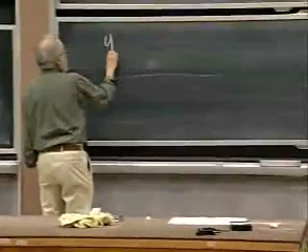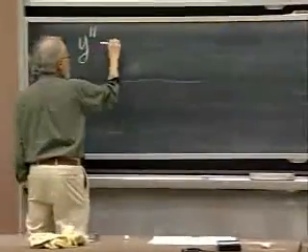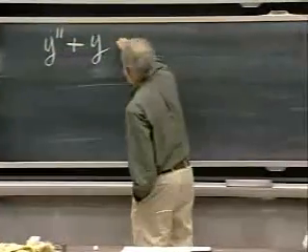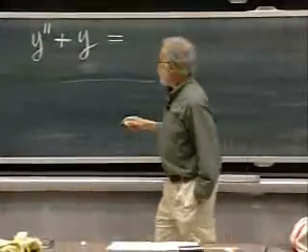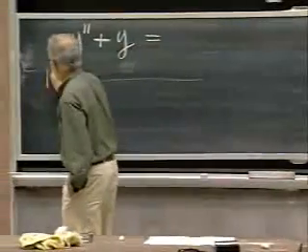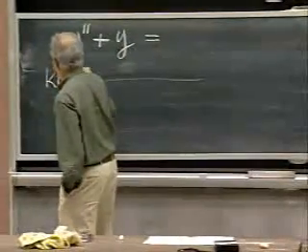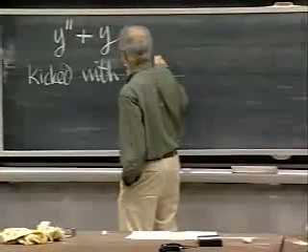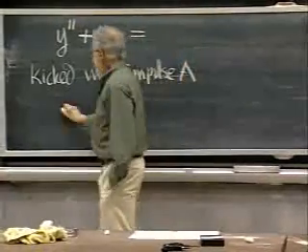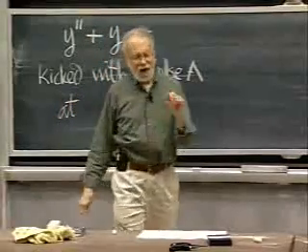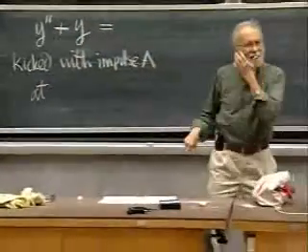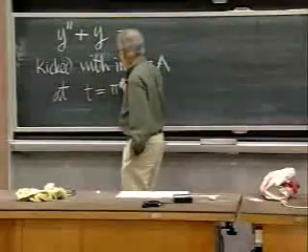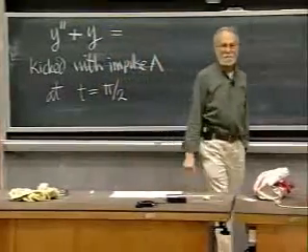And the differential equation we're going to solve is y double prime plus y equals, and now I'm going to assume that the spring is kicked with impulse A at time, I'm not going to kick it at time t equals 0, since that would get us into slight technical difficulties. Anyway, it's more fun to kick it at time pi over 2.